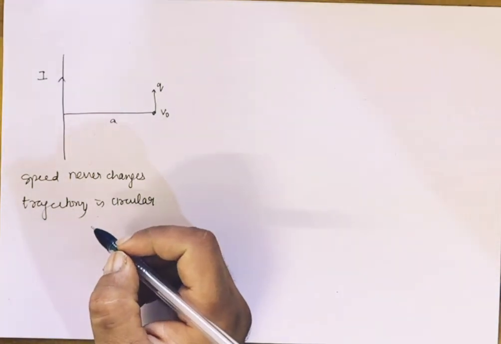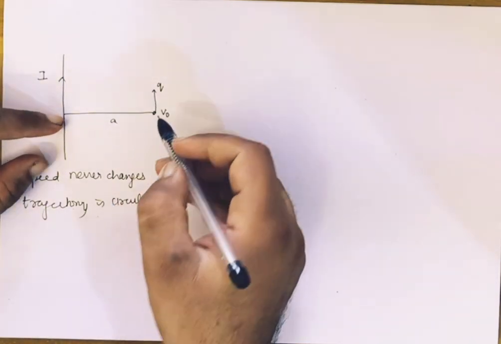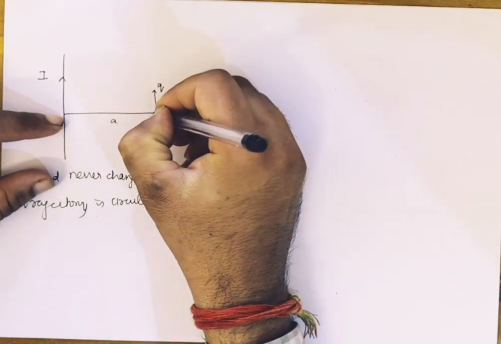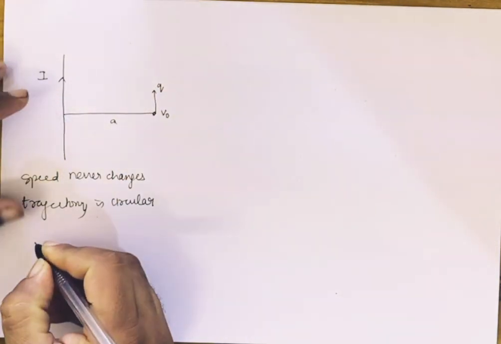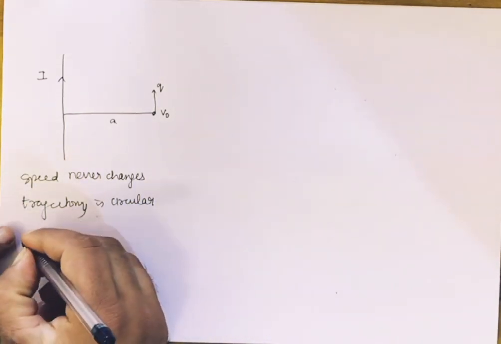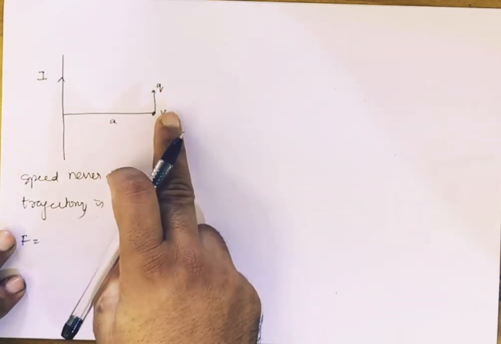Now, they are asking for the distance from the wire of the charge when it takes a turn. As the trajectory is circular, we can find the motion. If it is moving along the current, where will it turn? Here or here?